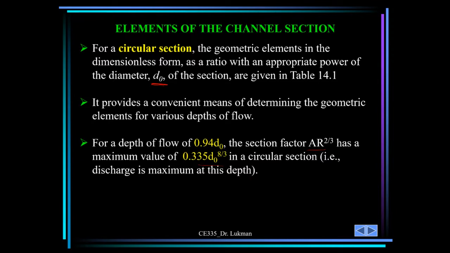Here we are referring to circular sections that are considered to be open channel. That's why the depth of flow is not full, because it's just 0.94 of the diameter. So this is the point when you have the maximum discharge when flow is occurring in a pipe that is flowing not full.